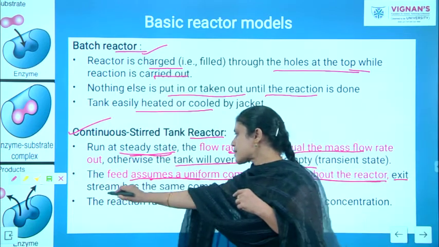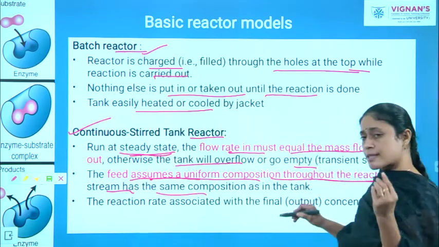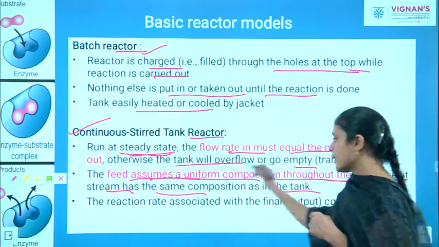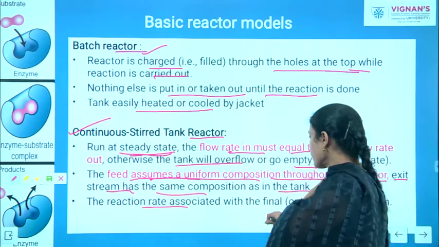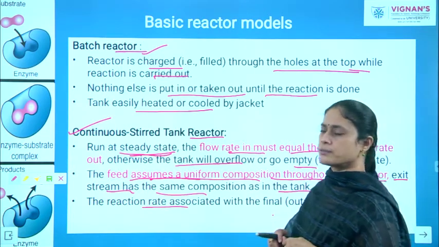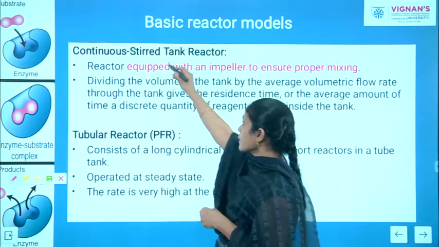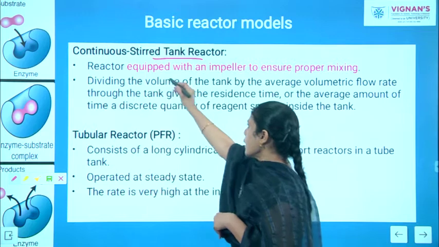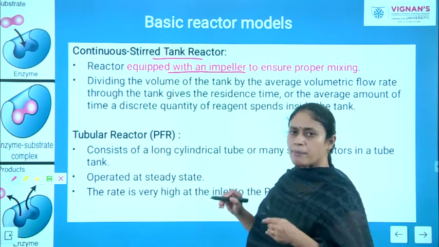And the exit stream has the same composition as in the tank. Your reaction rate is associated with the final, that means your output concentration. So, in this continuous stirred tank reactor, the reactor is equipped with an impeller.